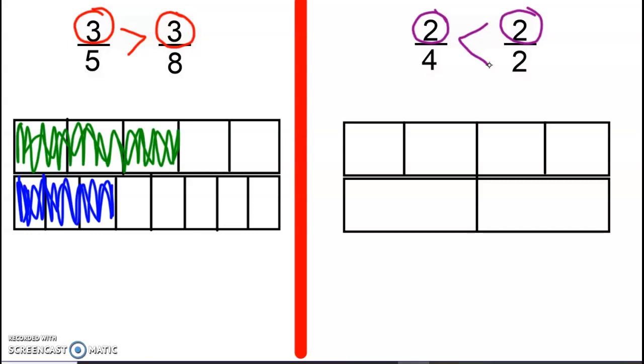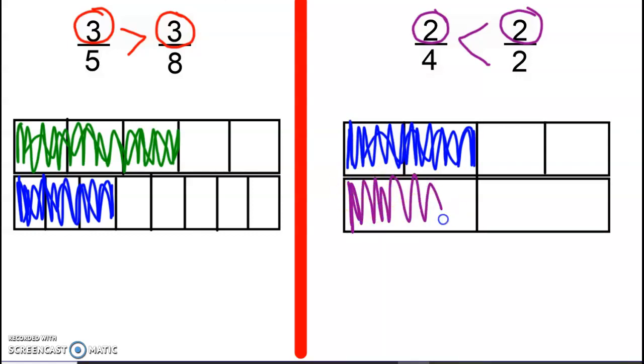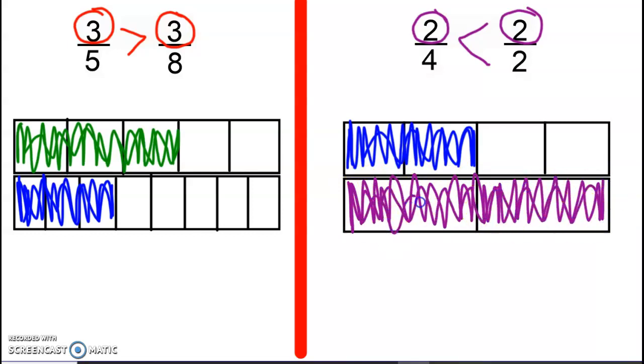But let's just make sure we understand why. If I shade in 2 out of 4, I can see that that's definitely less than if I were to eat 2 out of 2 pieces, or, in other words, the whole thing.